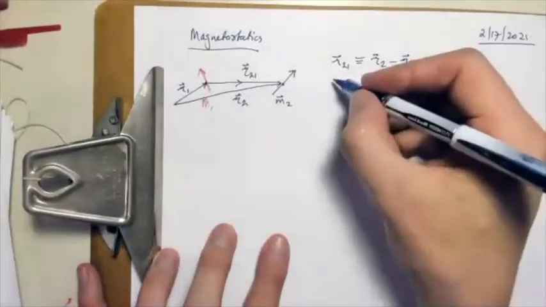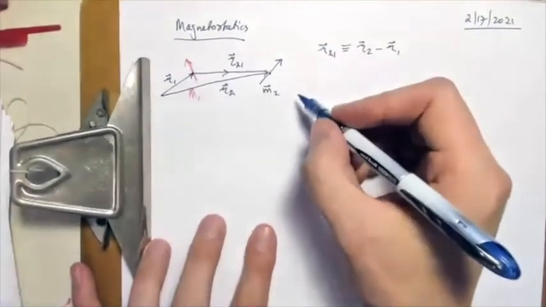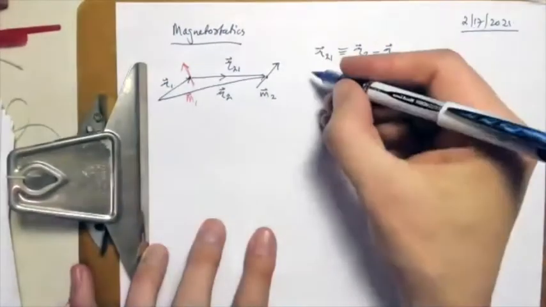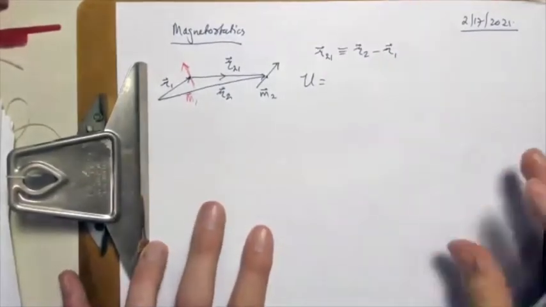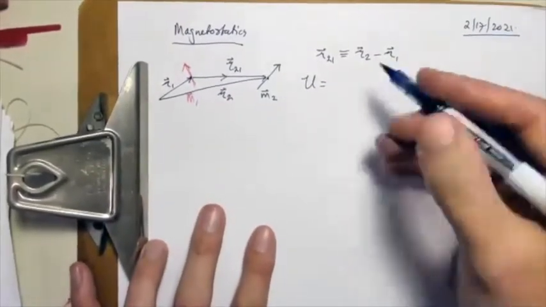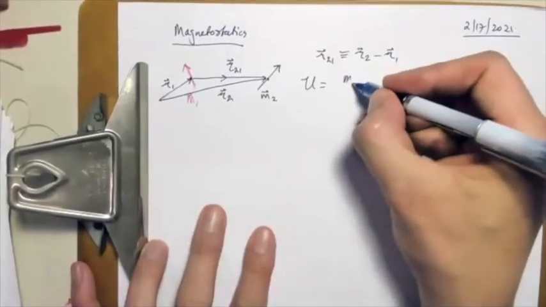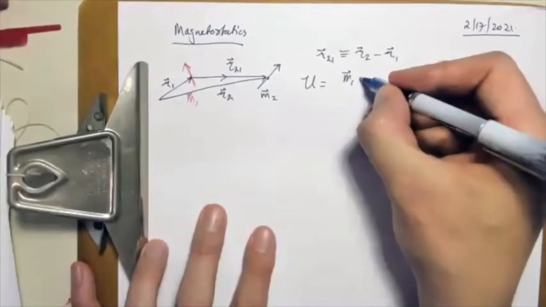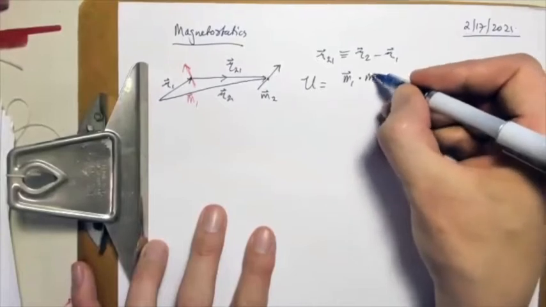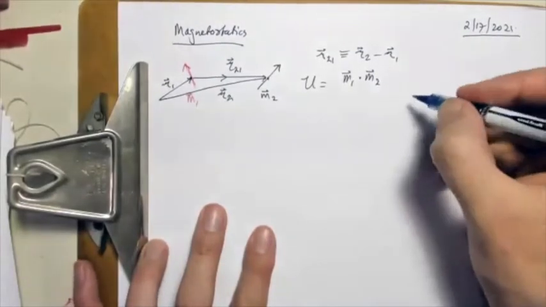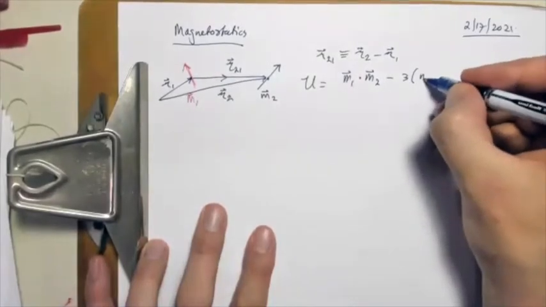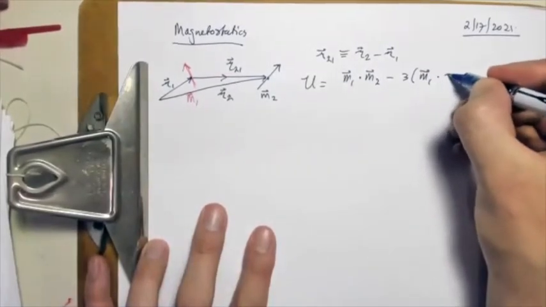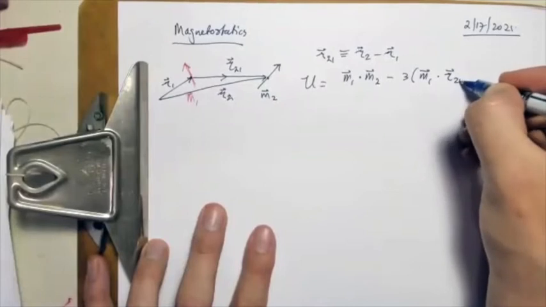Okay, now we are starting with the dipole-dipole potential interaction. So I'm just gonna write it down. So it's the potential energy, and it's related to, first of all, that first M1 dotted with the second magnetic moment M2, and then M1 dotted with R21.